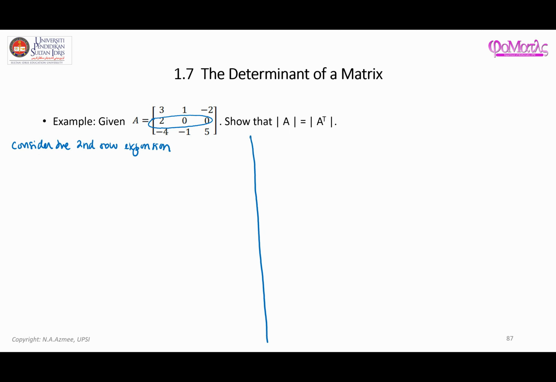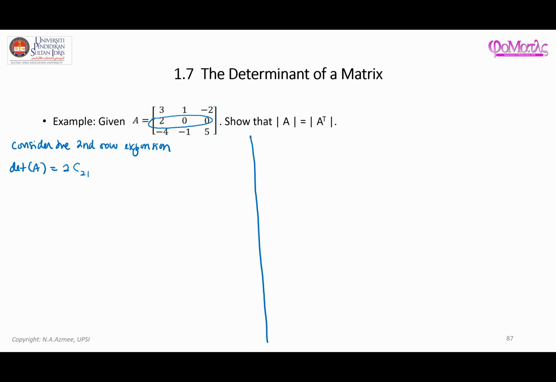Therefore, the determinant of A is going to be 2 times C21. The position of 2 is at 2 1, second row, first column, and the rest here are going to be 0. So the formula is just 2 times C21.